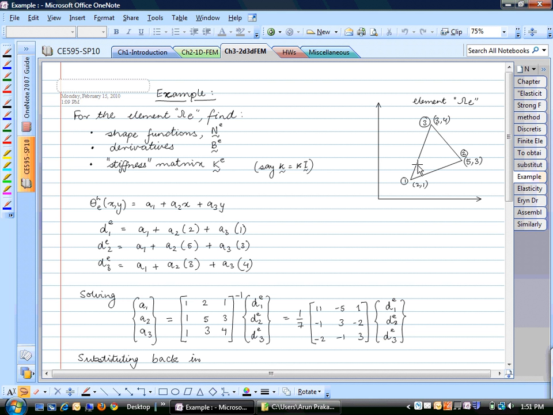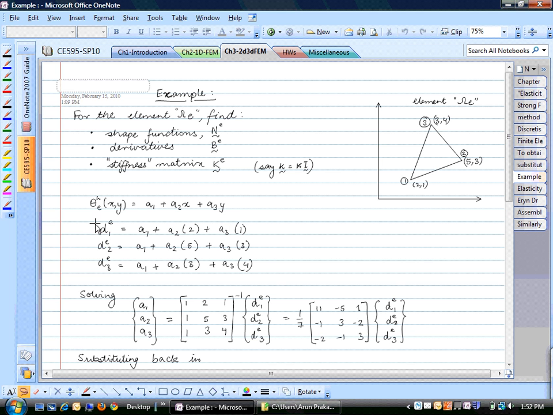We want the temperature profile within the triangle to be linear. Therefore, our Ritz approximation is the a vector dotted with the h vector, which turns out to be a1 plus a2 x plus a3 y. So this is a linear approximation.